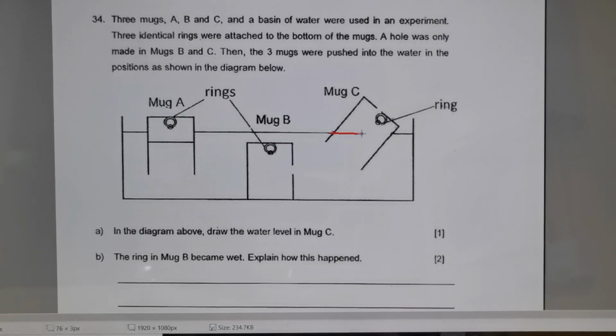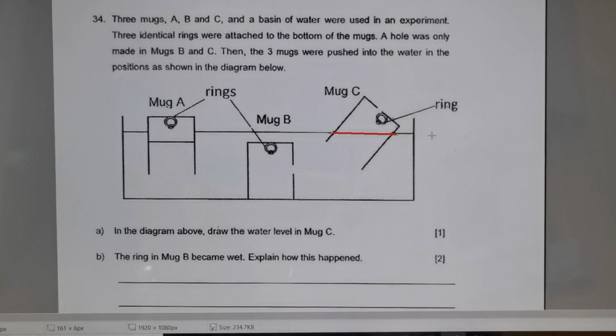Now, you're going to draw a horizontal line, just like this. And then this one, you can earn 1 mark already. Then you say, Teacher Patrick, why is it that it has to be a horizontal line? Later on, after this video, I'll bring in my water bottle to show you why the water level must be horizontal. So just bear with me until the end, okay?